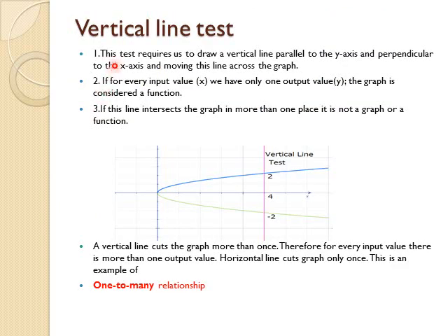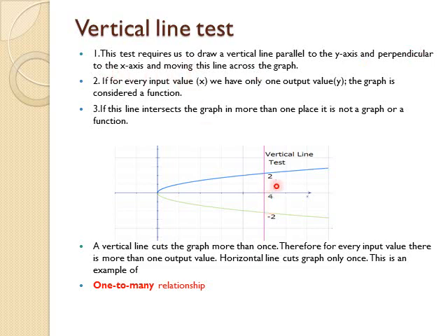Right, now we have what we call a vertical line test to check whether a graph follows the definition of a function. This test requires us to draw a vertical line parallel to the y-axis. So you see there, parallel to the y-axis and perpendicular to the x-axis.